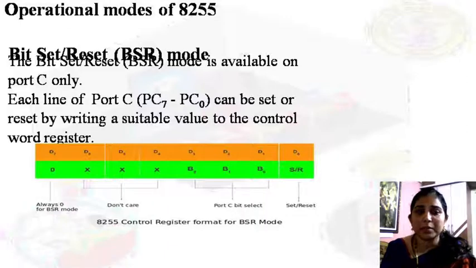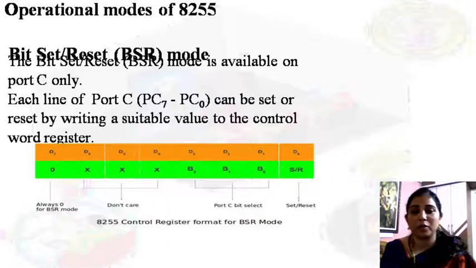If the D7 bit is 0, that means the 8255 is working under BSR mode. I have already discussed that BSR stands for bit set or reset mode. So the mode decision is taken by bit number 7.